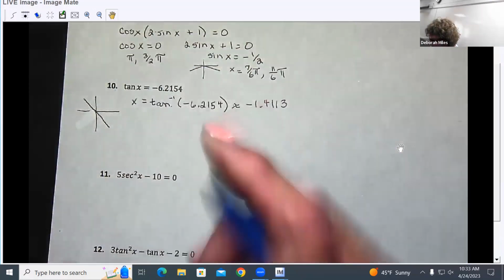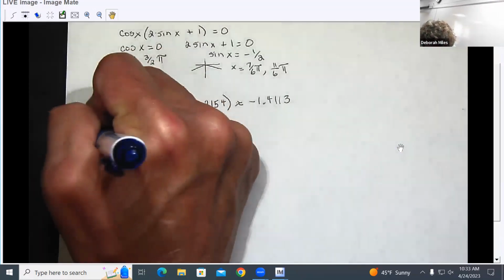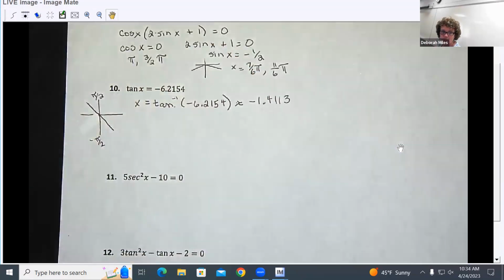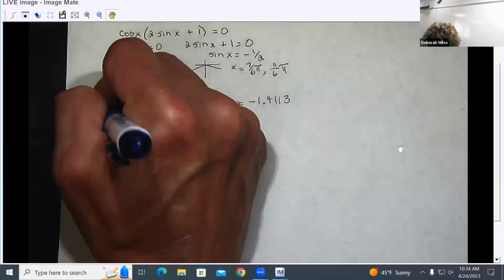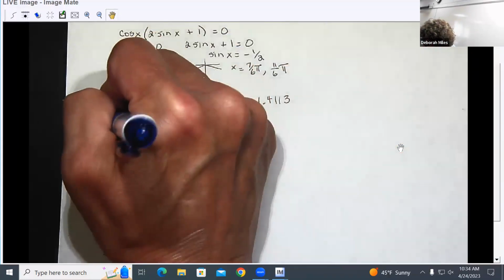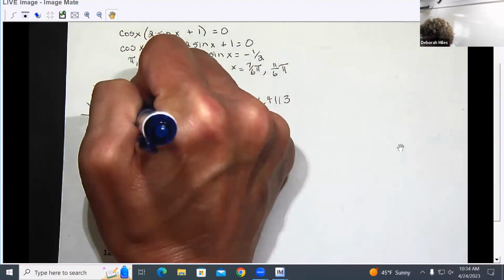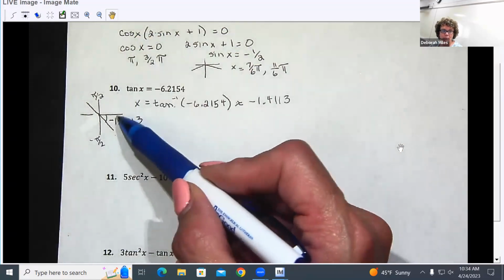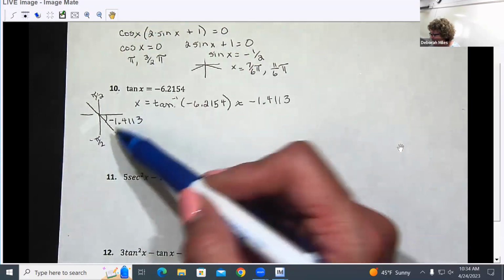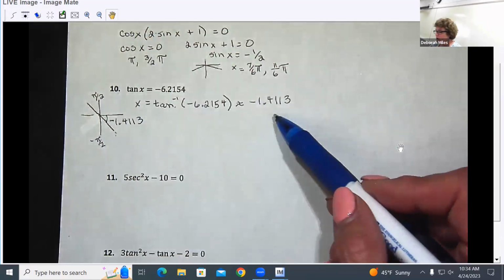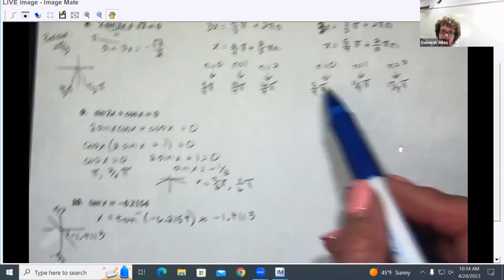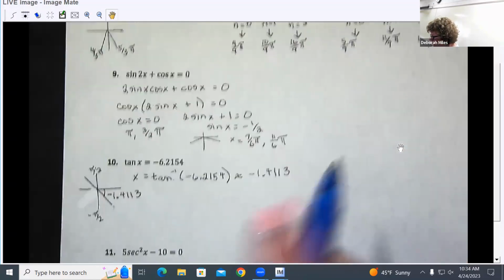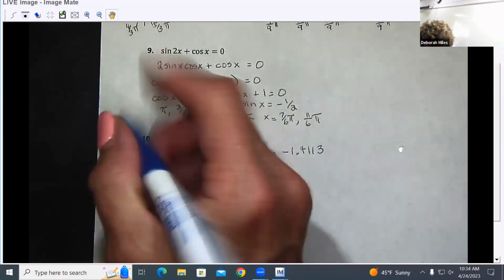Remember, inverse tangent is always going to give you an answer between -pi/2 and +pi/2. And that's what that -1.4113 is. It's how many radians this angle is below the positive x-axis. Now, I can't give that for one of my solutions because the directions say express all answers between 0 and 2 pi. So I'm going to think about the reference angle.